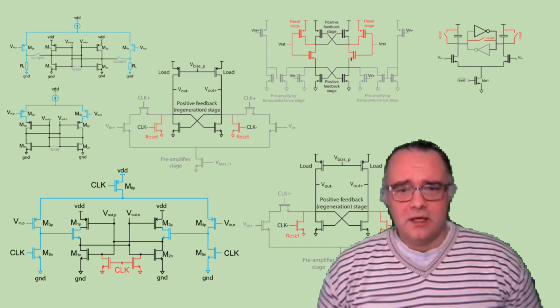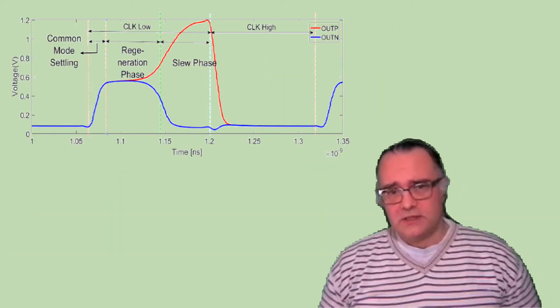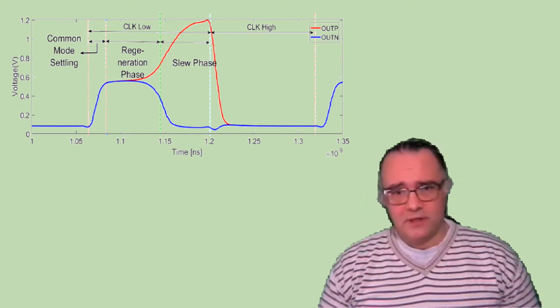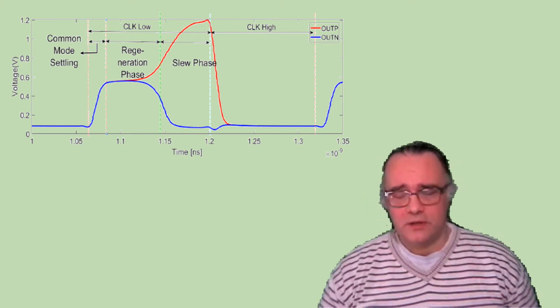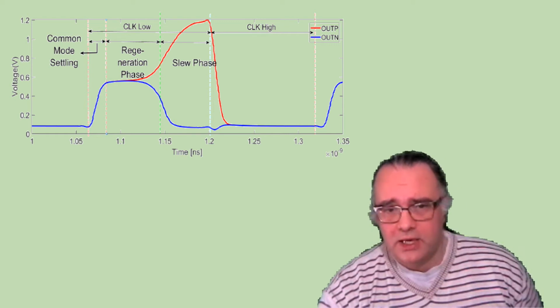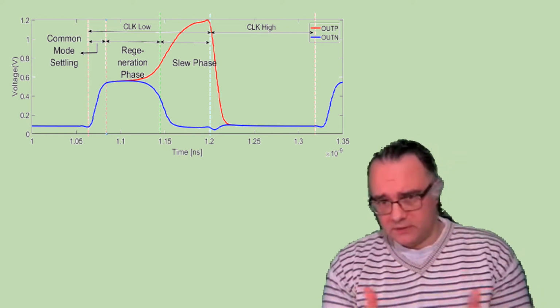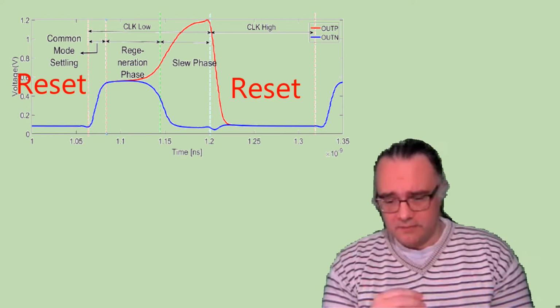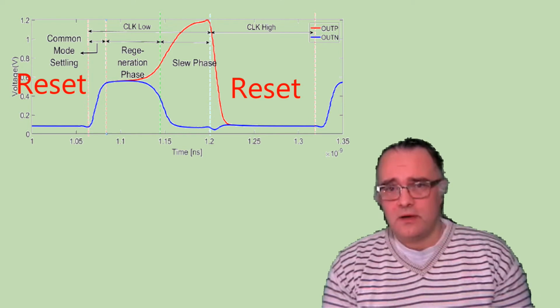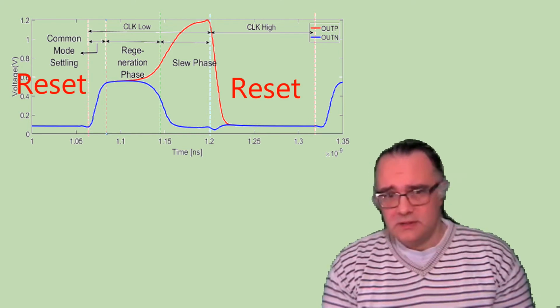And usually you have such an output characteristic seen in time for the comparison cycle of the output nodes, output P and output N. You have a certain period which is the reset period, where you break the positive loop of the latch and you prepare the latch to take a decision.